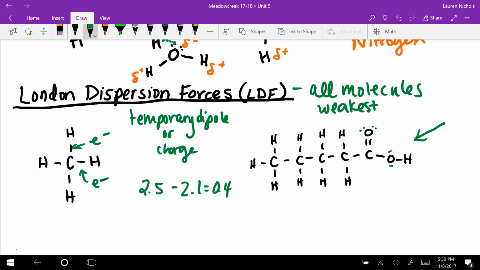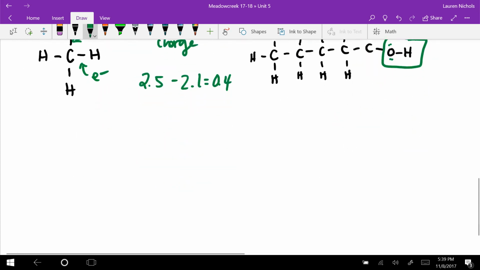So you have a lot more electrons moving around, so your electron density is going to shift more often. So that temporary dipole is going to be a little bit stronger. Plus, we also have oxygens and hydrogens in this molecule, so you're going to have hydrogen bonding as well in this molecule.